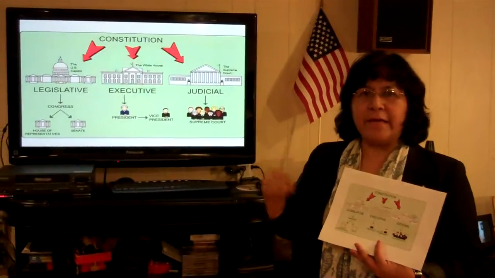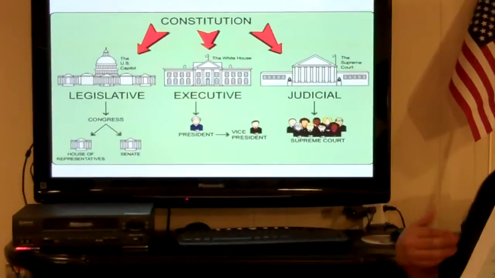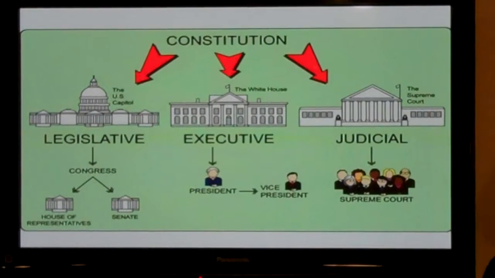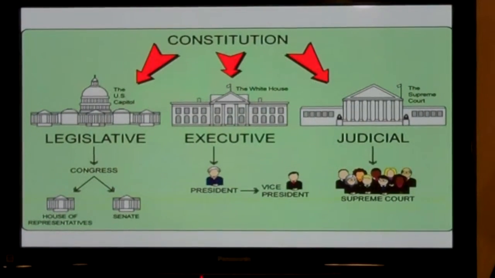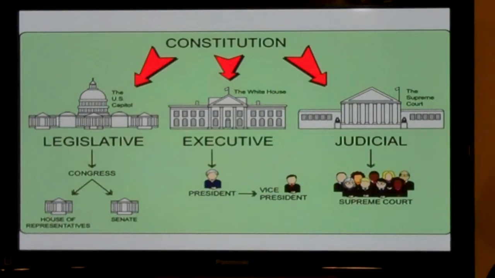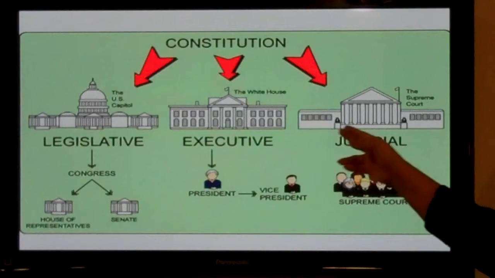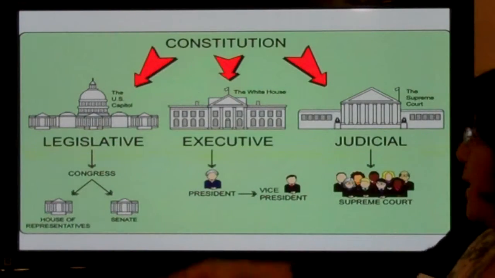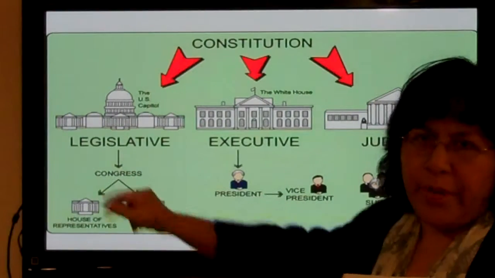You have a paper, and on the top it says Constitution. The Constitution is our law, the law that gives power to each branch in our government.